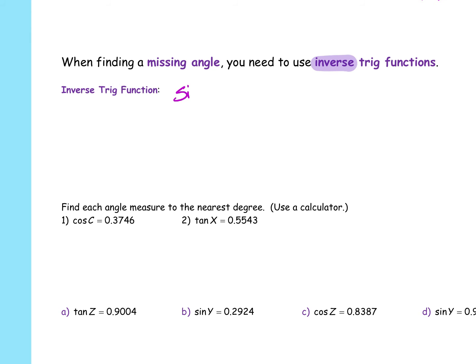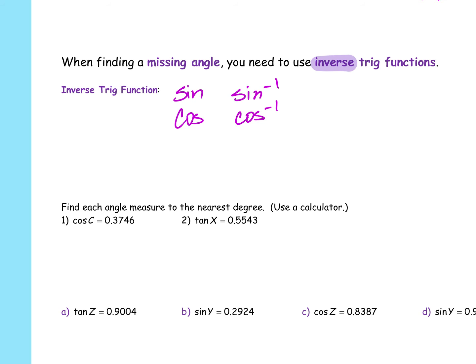So sine and sine inverse, right? Cosine, what undoes cosine? Well, cosine inverse. It just has a little exponent of -1, and it doesn't mean like our normal -1 exponent where I take it to the bottom.